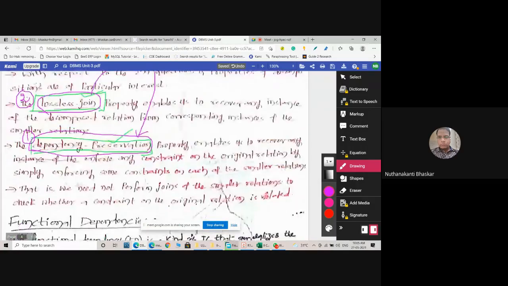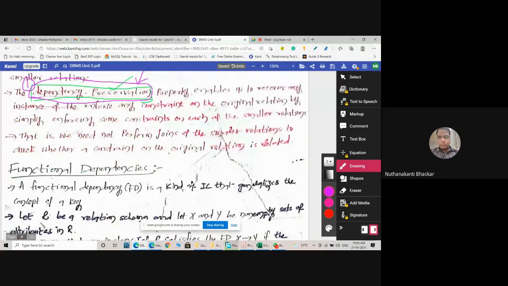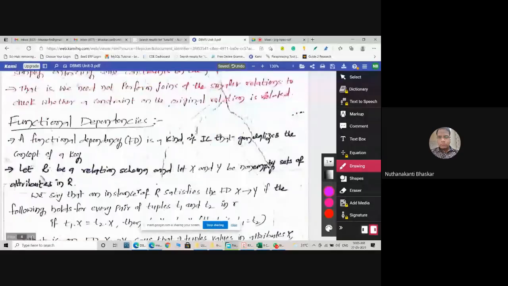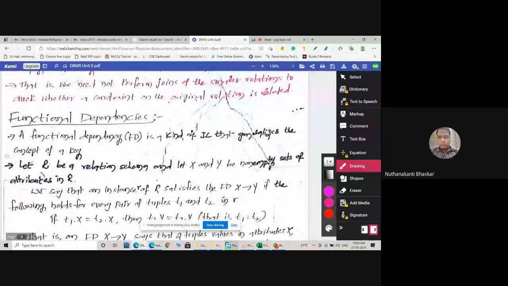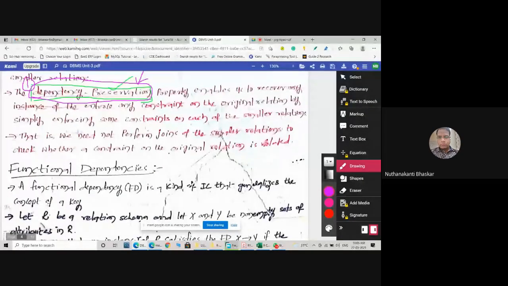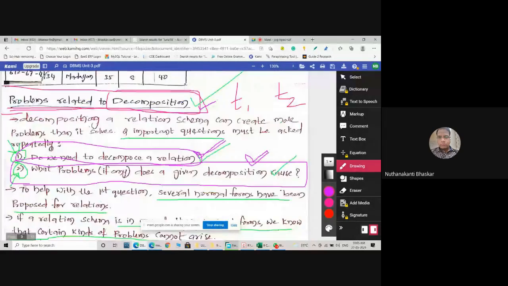Now time is very less. We will discuss these functional dependencies. At a time I have to discuss these functional dependencies so that you can understand. Before that, at least we must know what a functional dependency is.